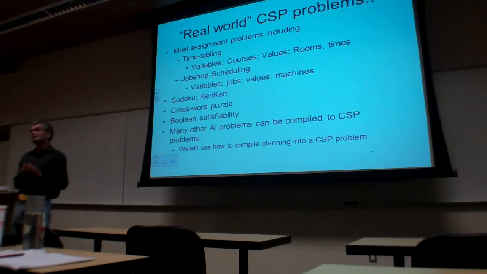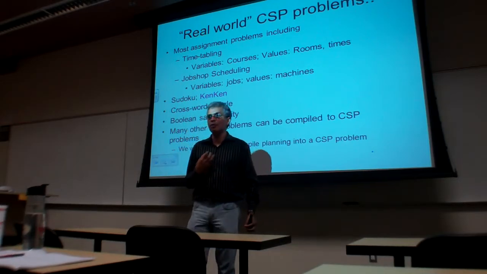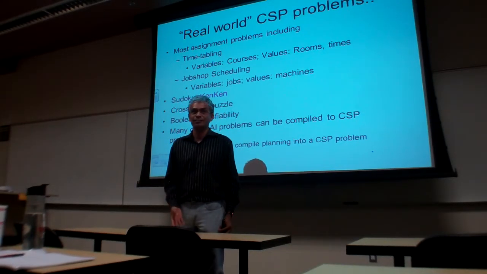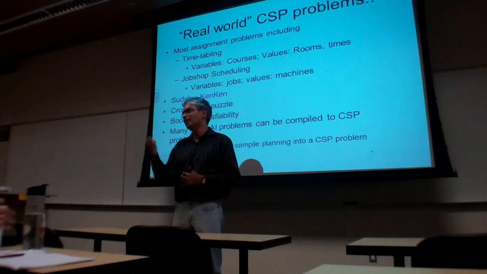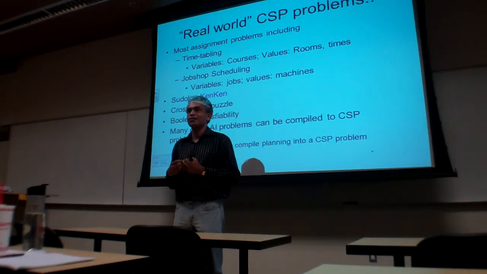Okay? And it turns out that, in fact, the second best way of solving most problems is by converting them into CSP. The reason I say this is, in the old days when neural networks were the big fad, people used to say that the second best way of solving any problem is to write it as a neural network problem.